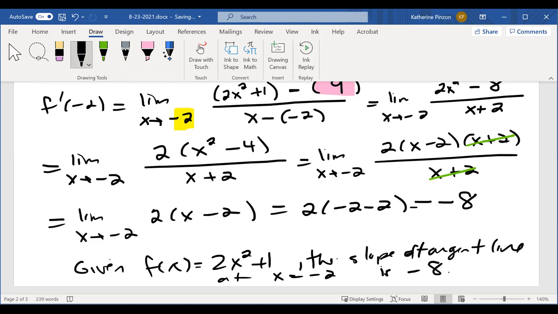If I graph this function, 2x squared plus 1, and I look at what's happening at negative 2, it should be going down. How do I know it's going down? Slope is negative. It should be going down pretty fast, right? Like negative 8 is a pretty steep slope. So if I graph this function 2x squared plus 1, and I look at it at x equals negative 2, it should be going down pretty fast. Let's try it.